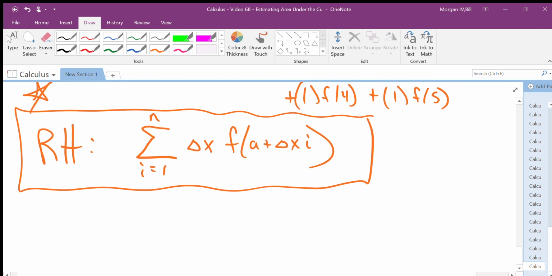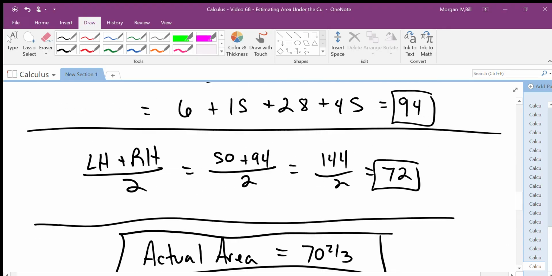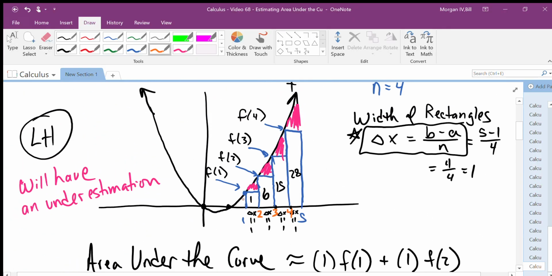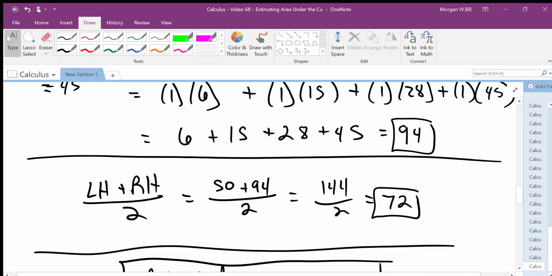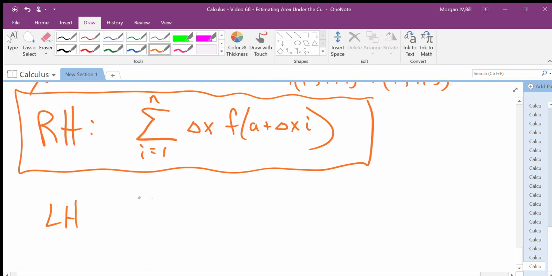The left hand is very similar, but we start back where the first height occurs at A. Right, if you go way back up here, left hand, the first height of the first rectangle is occurring at that value of 1, is occurring at A. And so instead of changing everything, all we have to do is back off the I. Instead of starting at 1, have it start at 0 and ending at n minus 1.